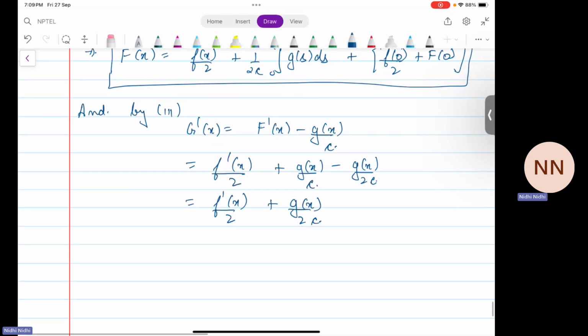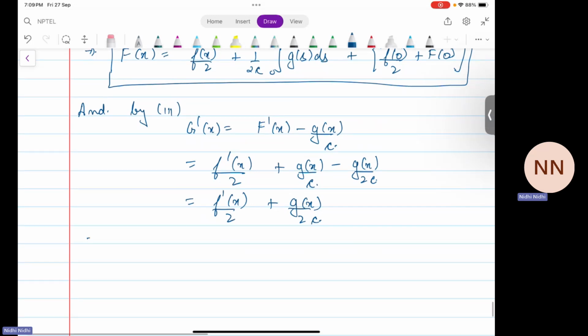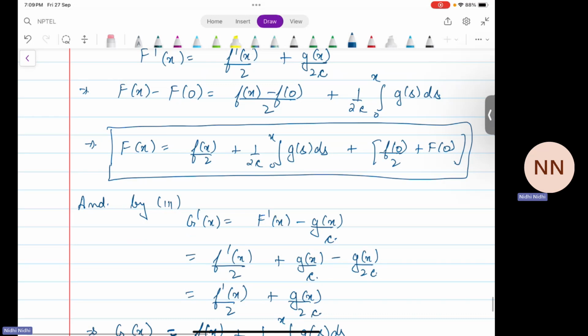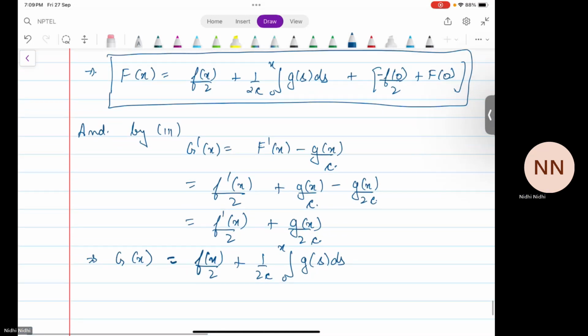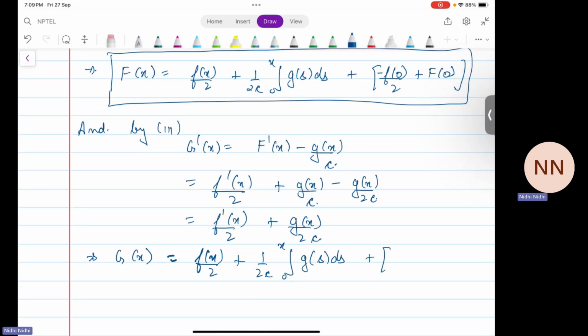Now again integrating both the sides from 0 to x, we will get gx is equal to fx by 2 plus 1 by 2c integration 0 to x g s ds. So this will be a minus here, plus g0 minus f0 by 2.